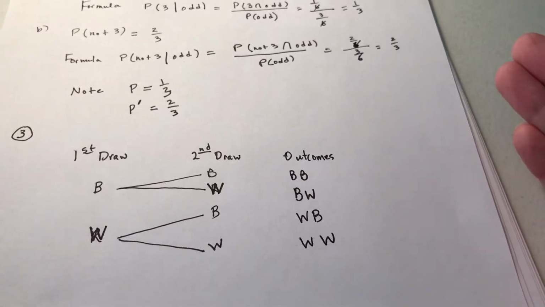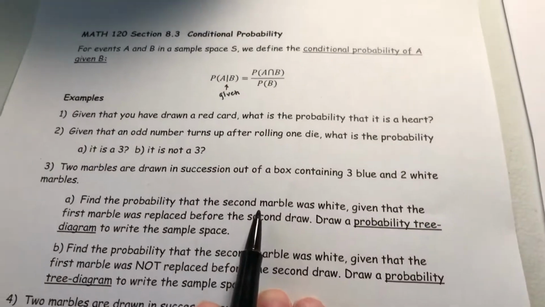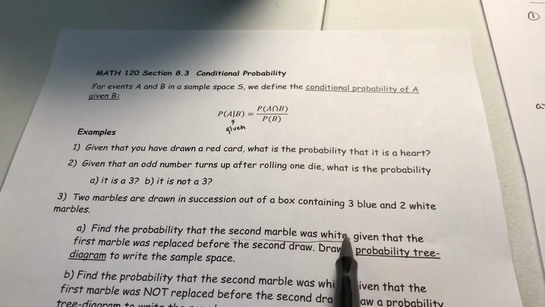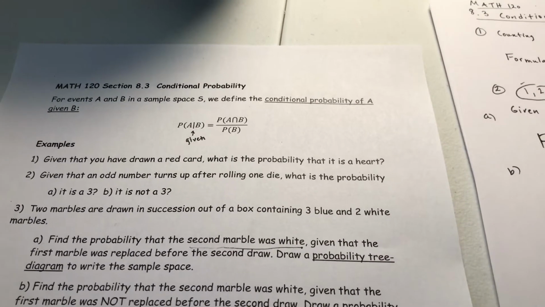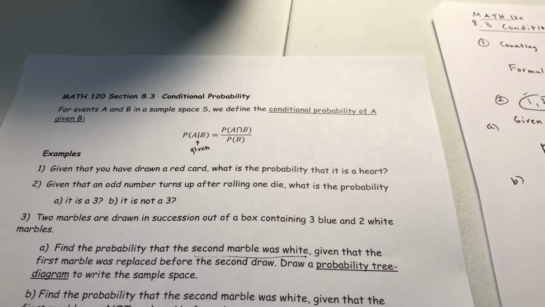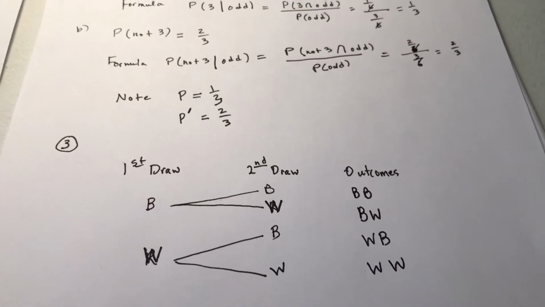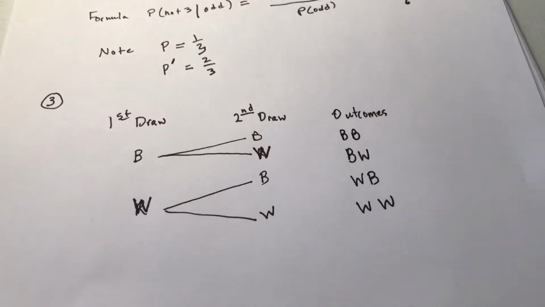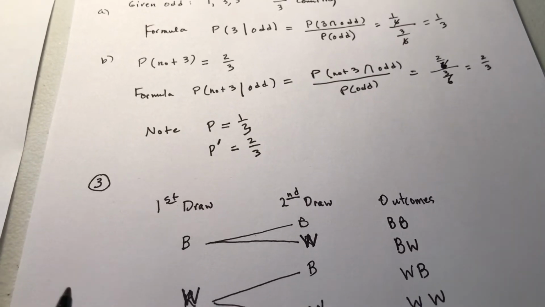Now it's asking, find the probability that the second marble was white, given that the first marble was replaced before the second draw. This will be our first probability tree diagram. We're used to doing the outcomes, but what we haven't done is a probability tree.